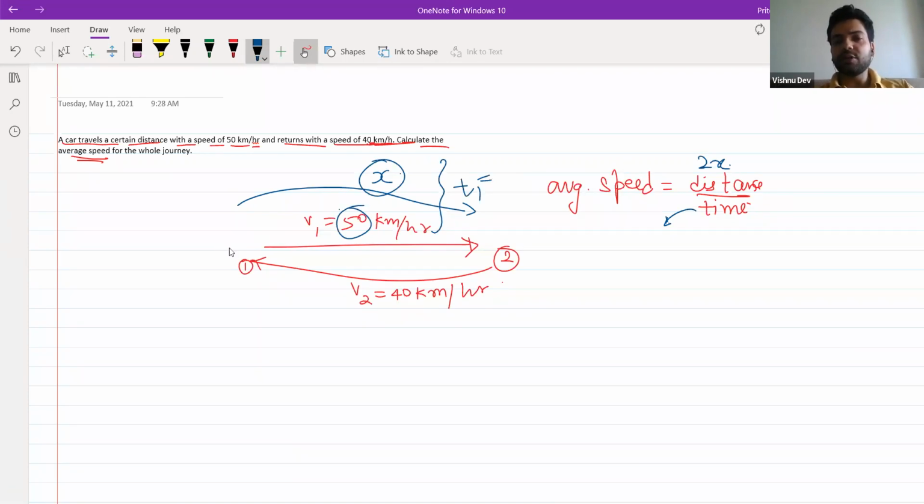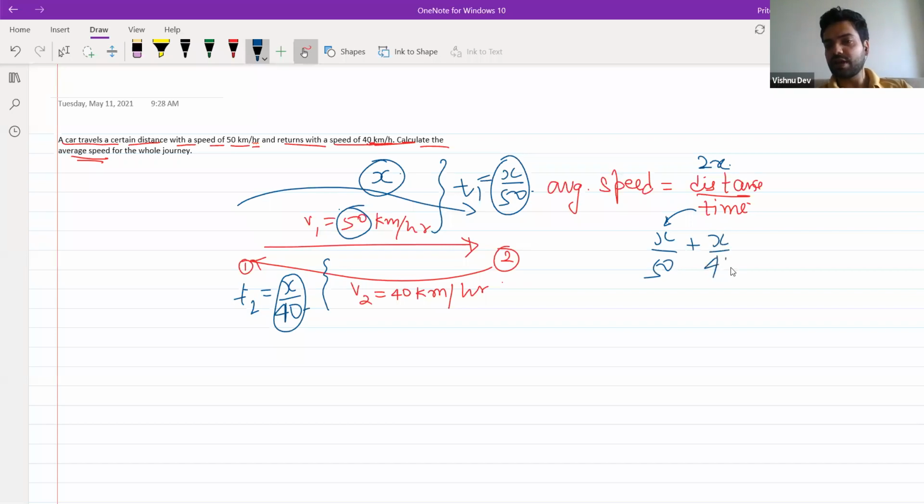T1, the time taken to go from point 1 to point 2, will be distance by speed. Similarly, the time taken to go from 2 to 1 will be distance by speed. So I just added these two times here, x by 50 plus x by 40. Now understood, guys? Everyone?